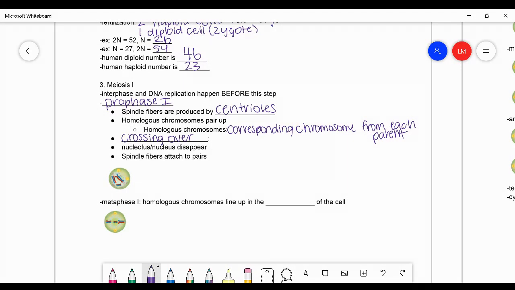During crossing over, homologous chromosomes exchange genetic info.